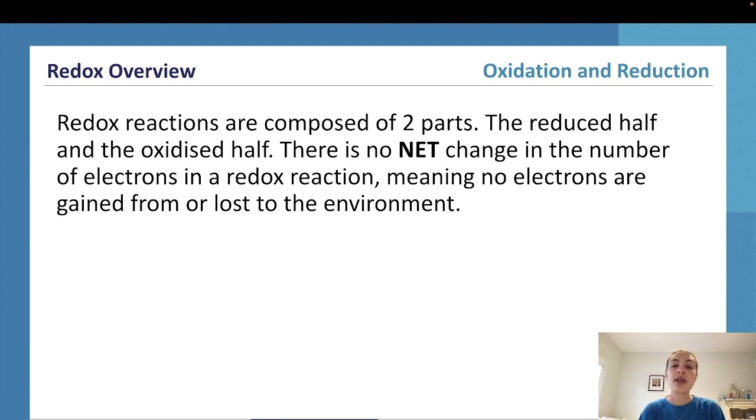There's no net change in the number of electrons in a redox reaction, which means that no electrons are gained from or lost to the environment. So as I said before, in the entire reaction, there's not a net change in electrons. There's just a transference of electrons from one species to the other.